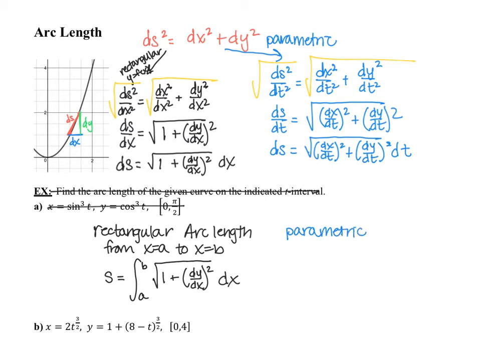And similar for my parametric, it's not going to look much different. Arc length. Oftentimes you see Greek letters for t.